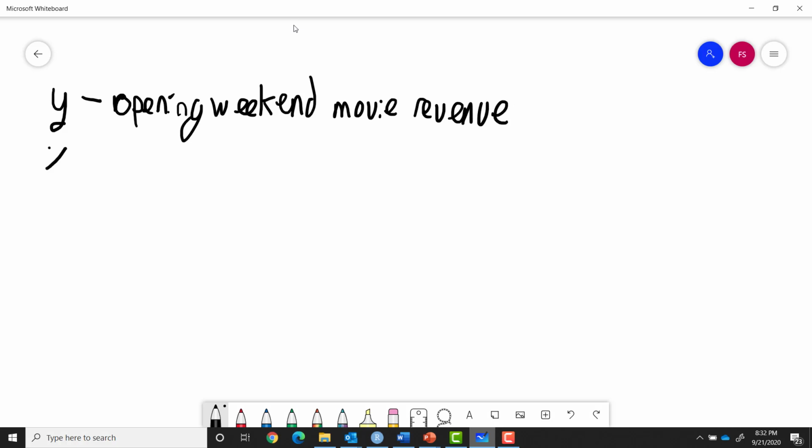And then you'd have your X, but now we call it x1. I've not really done this notation before, but this is our dependent variable. This is what we're trying to predict. And my x1 is going to be my first independent variable, which is my tweet rate per hour.